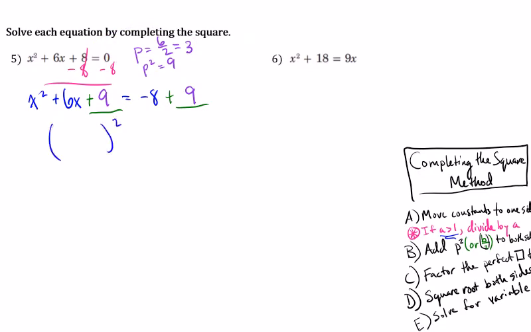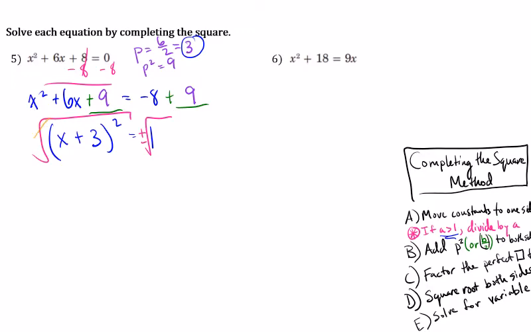So now I can factor this. I'm going to put an x here, this sign is going to come down, so it's a plus, and remember that p is 3, so I'm going to put 3 in here. On this side we just operate: negative 8 plus 9 is 1. Now we can take the square root of both sides. Don't forget your plus or minus square root property.